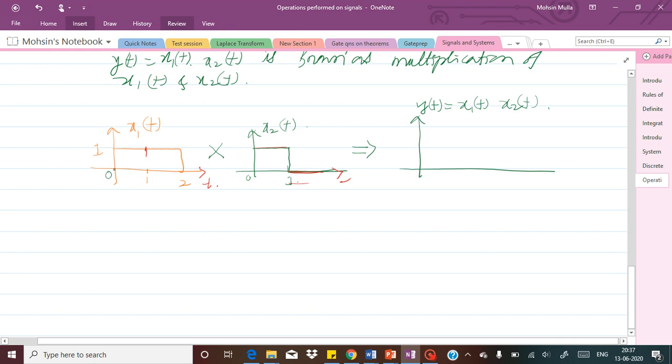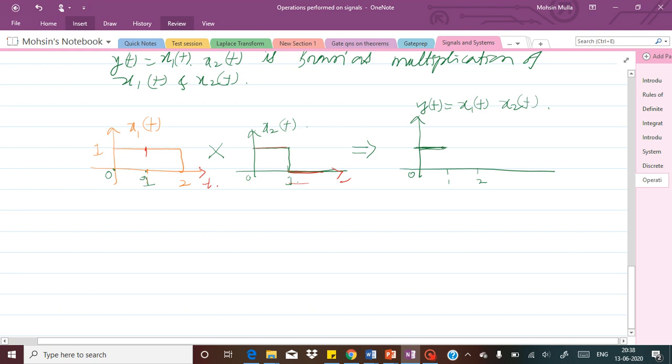Let us take the instant 0 to 1. Between 0 and 1, the magnitude of the first signal is 1 and the magnitude of the second signal is also 1. So 1 into 1 for instant 0 to 1 is going to be 1 here.